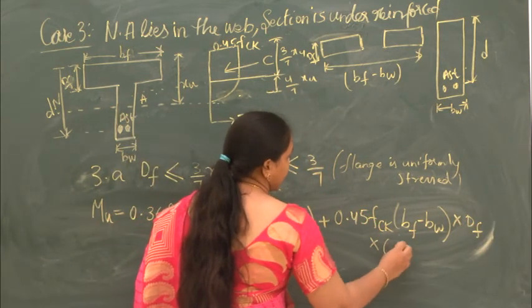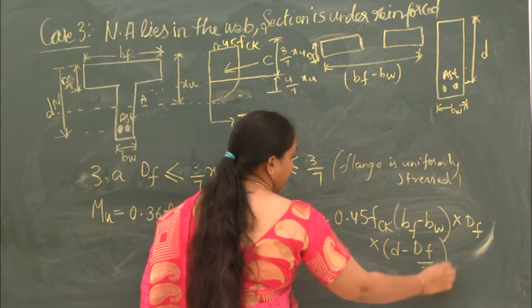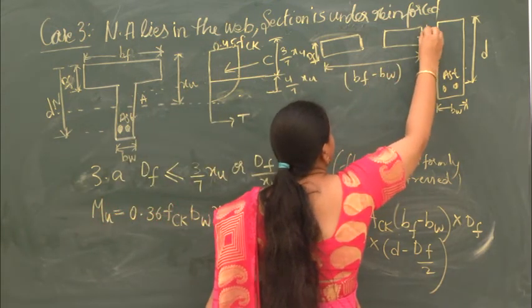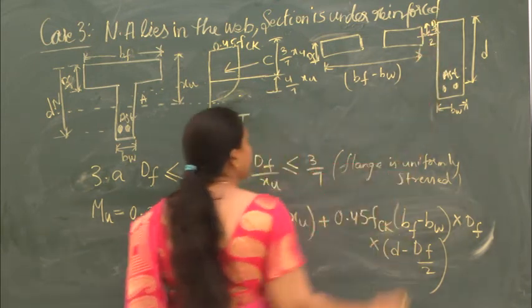What will be the lever arm here? It will be D minus DF by 2. That is this distance by half, because the compressive force is going to act here. That is DF by that distance.